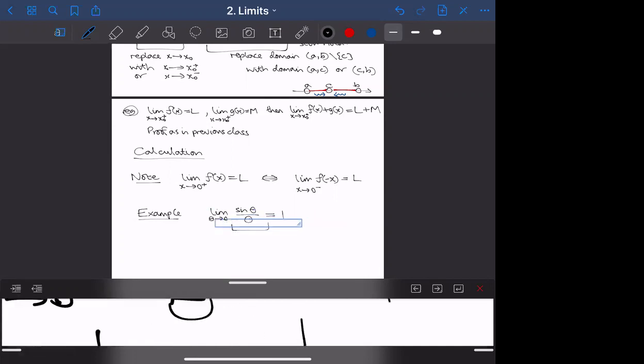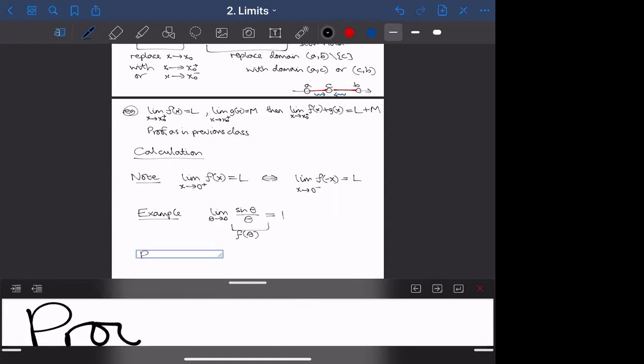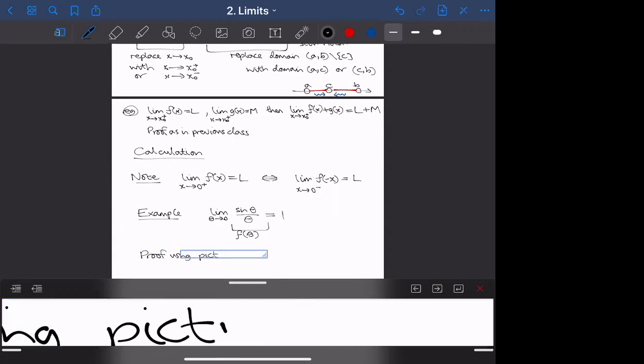So now let's prove that. So call this f(theta). So proof, using a carefully chosen picture.